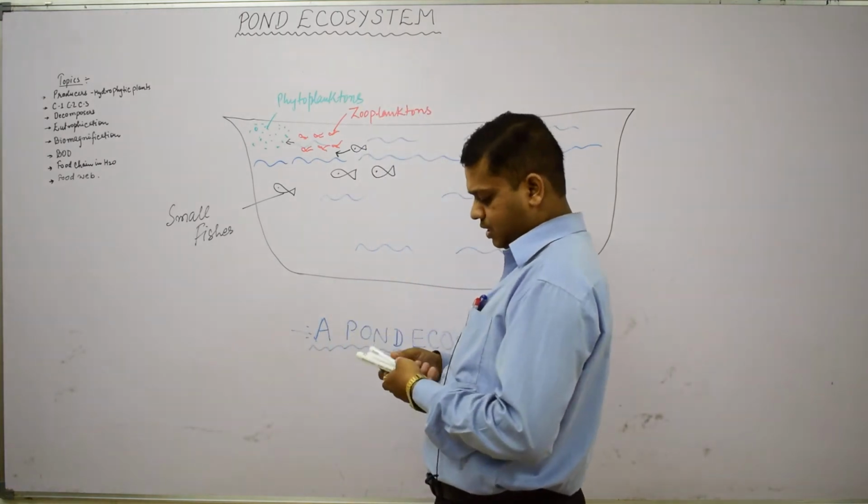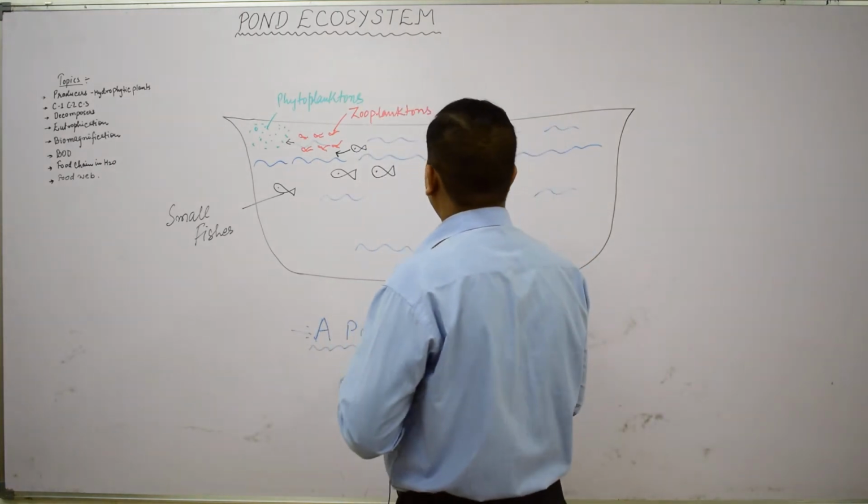Then small fishes are eaten by large fishes.